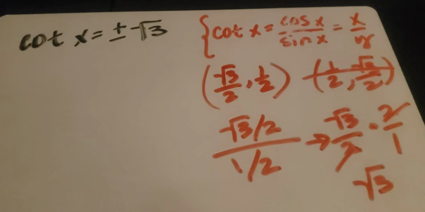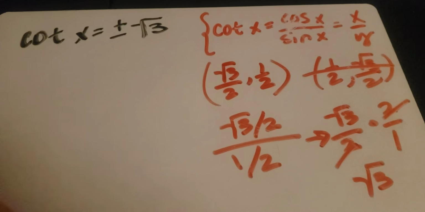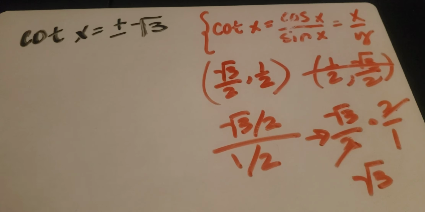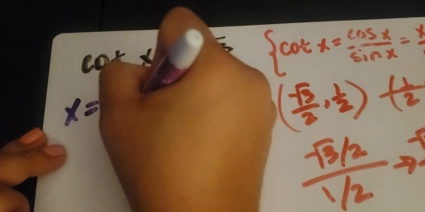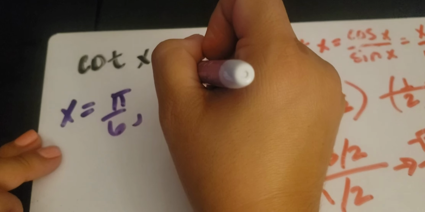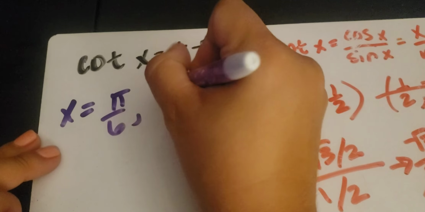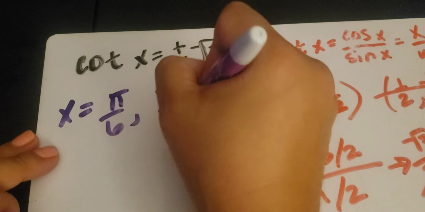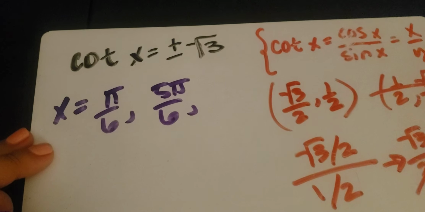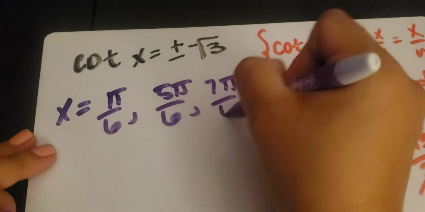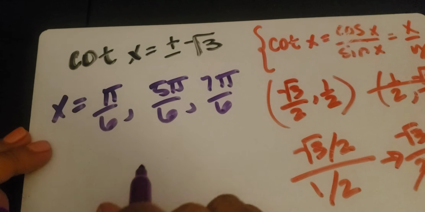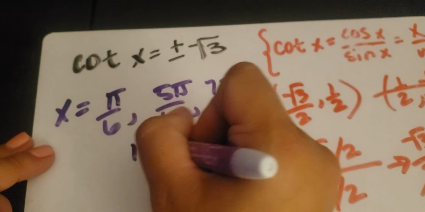So let's write a general solution. Just to remind you, it will happen at pi over 6, at 5 pi over 6, at 7 pi over 6, and at 11 pi over 6.